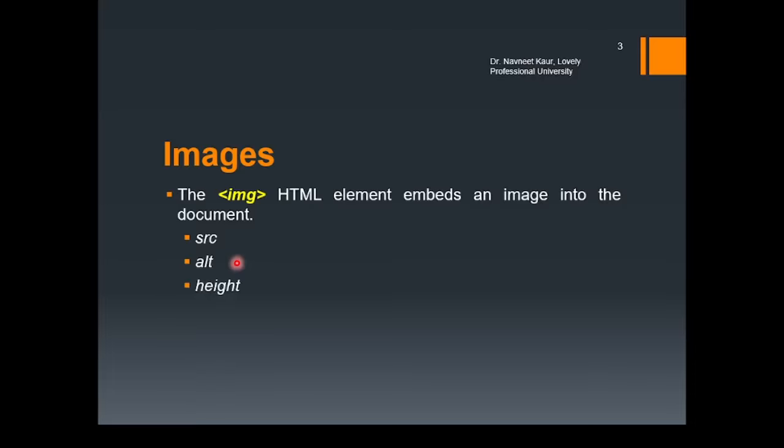Further, if you want to modify the height of the image, then you can use the height attribute, and for modifying the width of the image, you can use the width. The syntax looks like this: you have an img tag, and inside this you need to use src.